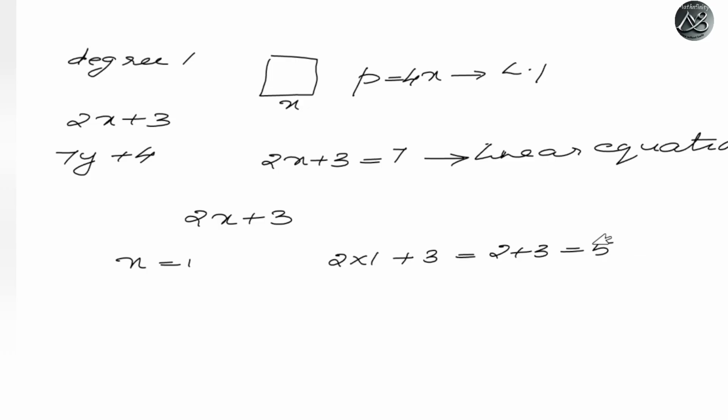The value of that polynomial is 5. When x is equal to 3, what will be the value? 2 into 3 plus 3. Substituting 3, 2 threes are 6, 6 plus 3 is 9. So the value of that polynomial is 9. So for all x values there is a corresponding polynomial value.